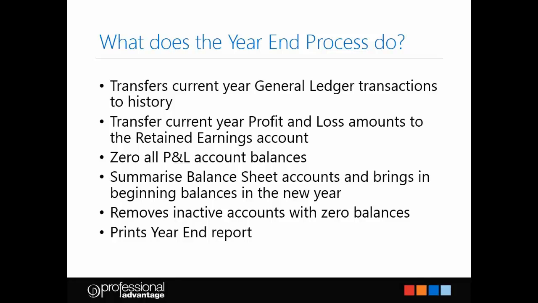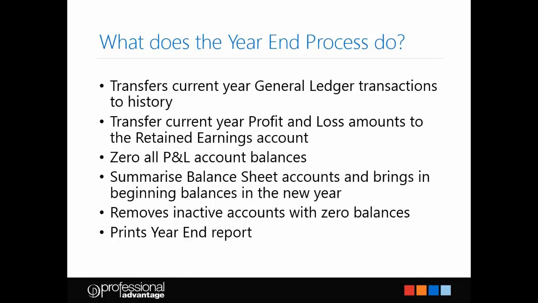The fourth thing the GP year-end process will do is summarize balance sheet accounts and bring in beginning balances in the new year. What that means is the balance sheet account balances at the end of the year that we are going to close will be moved forward as the beginning balance for the same account for the next open financial year.